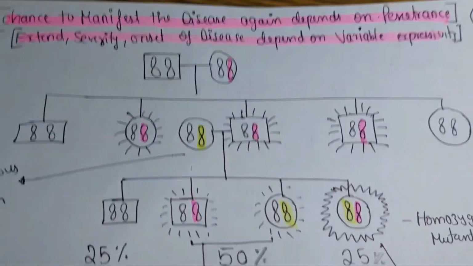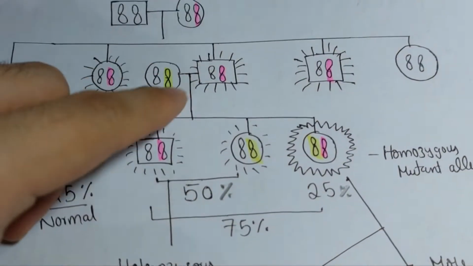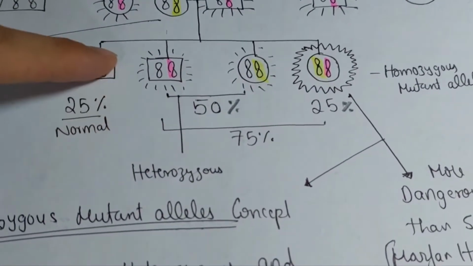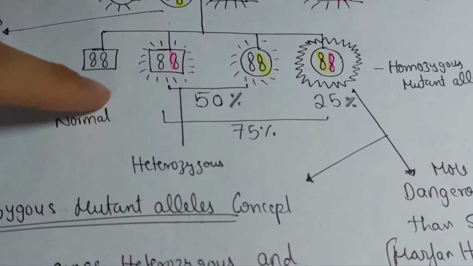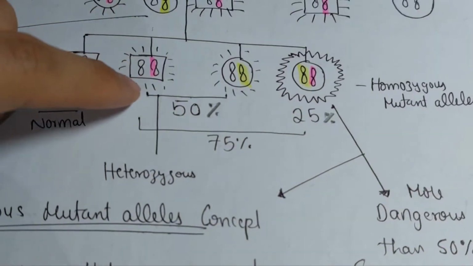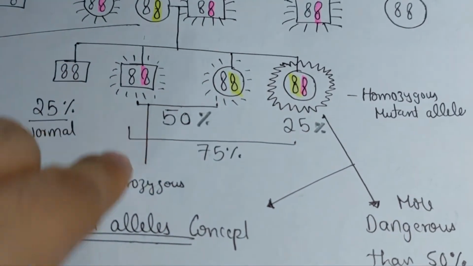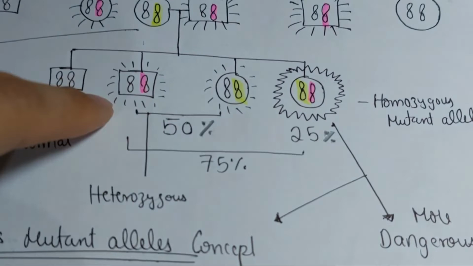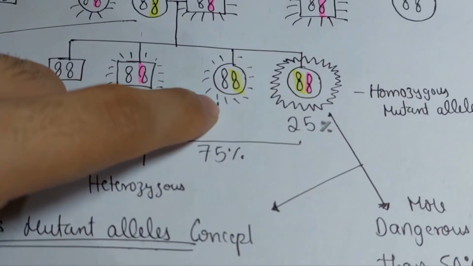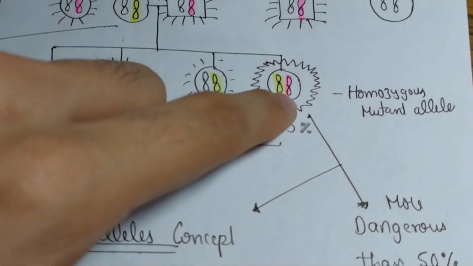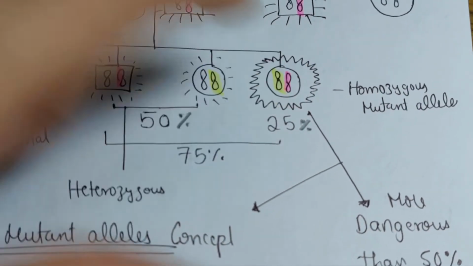Whereas when we cross two heterozygous parents, the probability of having a normal genotypic and phenotypic offspring is only 25%, whereas 75% of the progeny have a chance to have abnormal genotype, and out of that 50% are heterozygous and 25% are homozygous for the mutant allele.